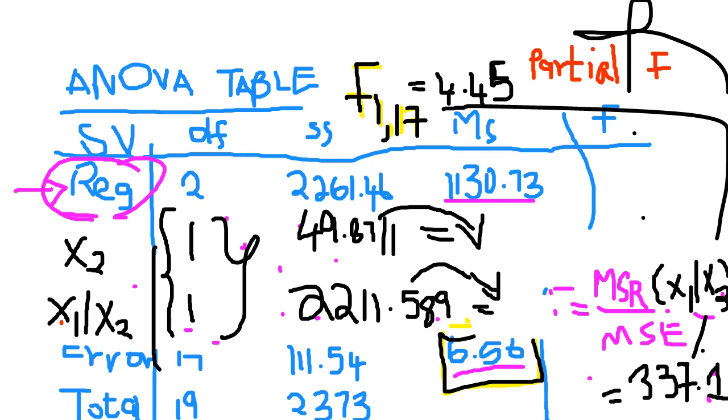But if I'm not specific about which method to use to check the contribution of each independent variable, you can use any method provided the given information allows you to do that.